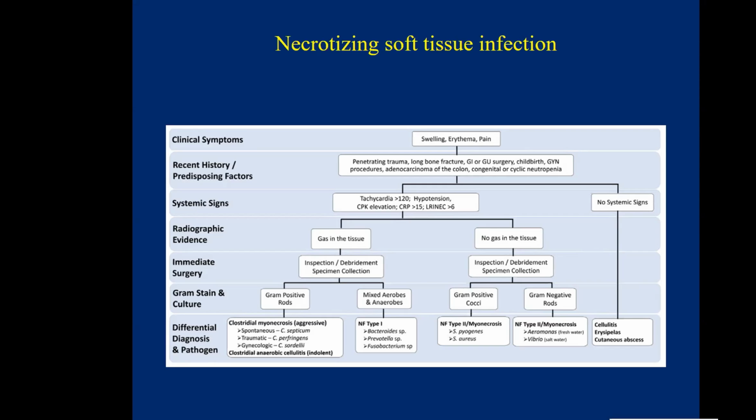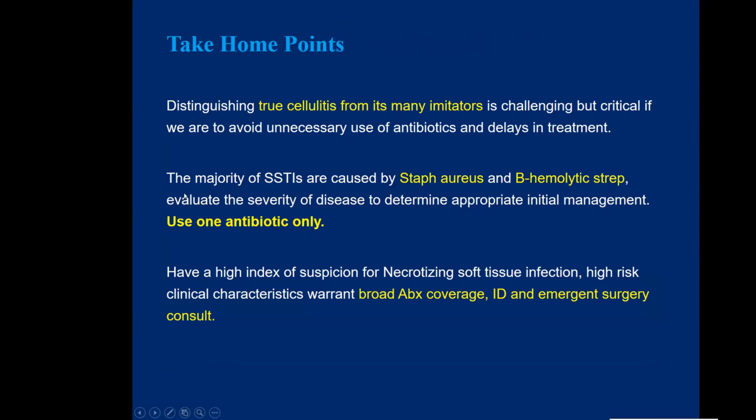And then Clinda, that was mentioned, it's a very good one. And this is specifically just for Clostridium. So once you isolate Clostridium, then you treat with penicillin and Clinda. So that's all I have.